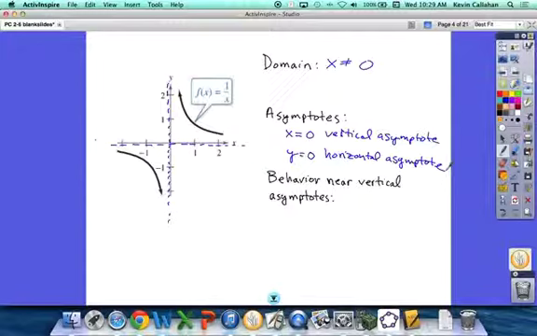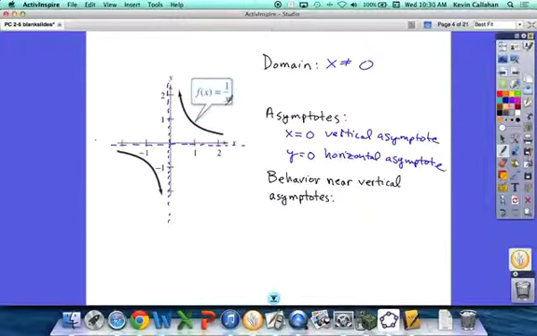Now, the thing to notice, when a graph approaches a vertical asymptote, what does it do? It veers off towards either negative infinity or positive infinity, right? As it gets really close. In this fraction, if the graph is approaching the vertical asymptote at x equals 0, that means the x value is becoming really, really, really close to 0. And what happens to the value of the function when you're dividing by a number which is almost infinitely small?